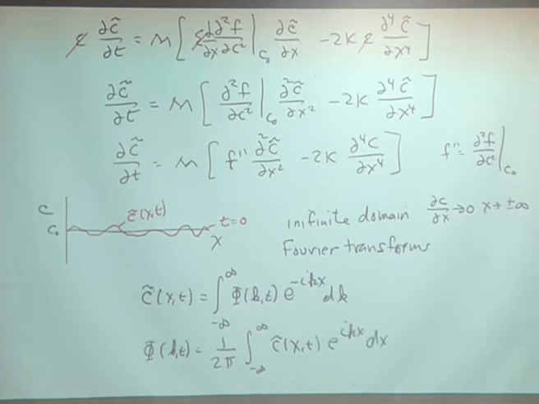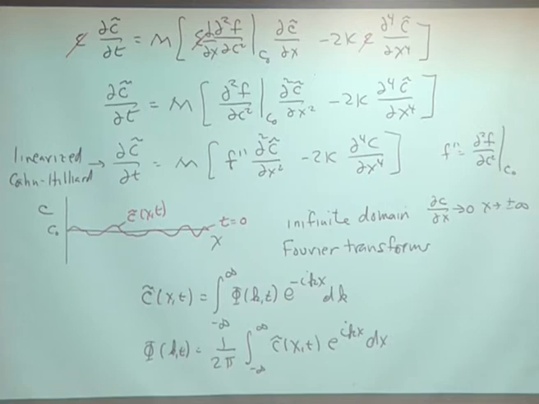Dx. Okay, and so we start by taking the Fourier transform of the linearized Cahn-Hilliard equation. You do that by multiplying by e to the ikx, dividing by 1 over 2 pi and integrating.